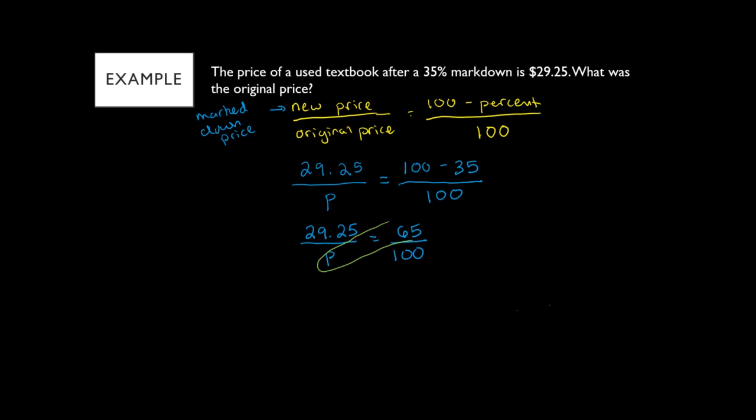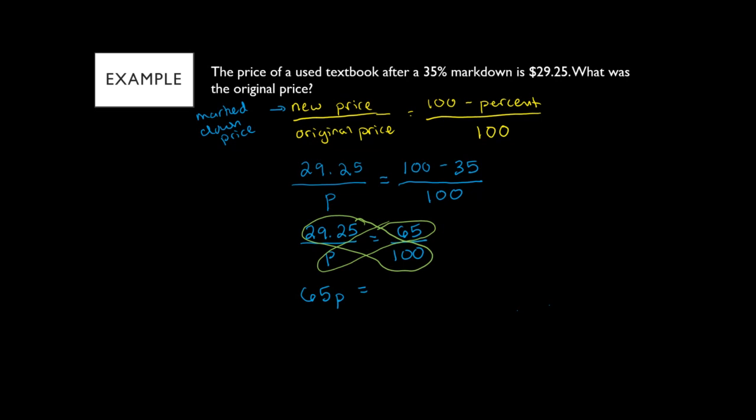It doesn't matter which diagonal you multiply first, because they're just setting them equal to each other. So we'd have P times 65, which is 65P, equal to the other one, 29.25 times 100.